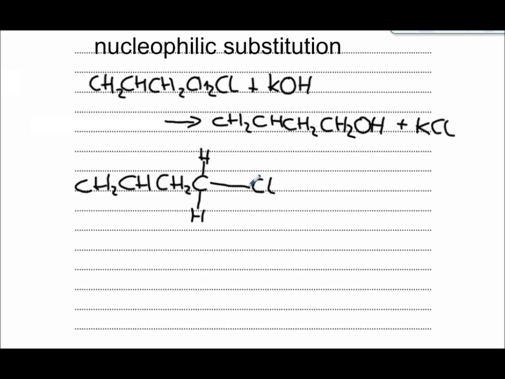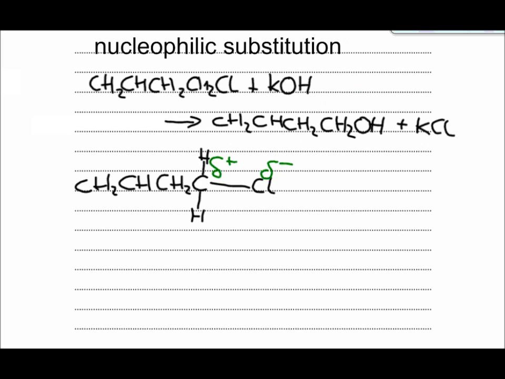Now I made that bond a little bit longer because I want to be able to show my mechanism clearly. So I'm going to get a mark for putting my dipoles on. Chlorine is more electronegative, so chlorine will have delta minus, and the carbon will have a delta plus.